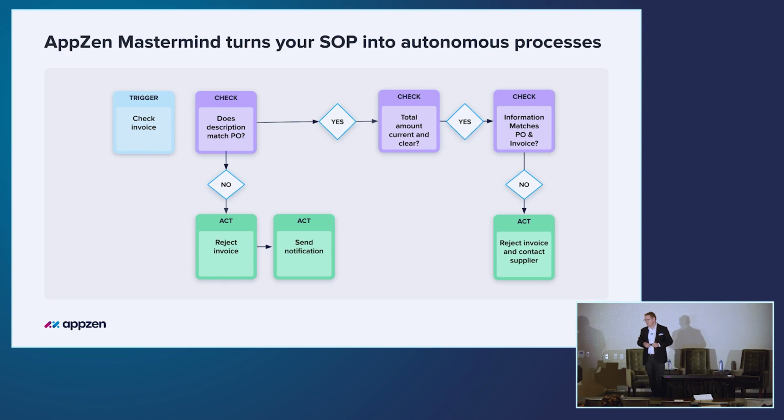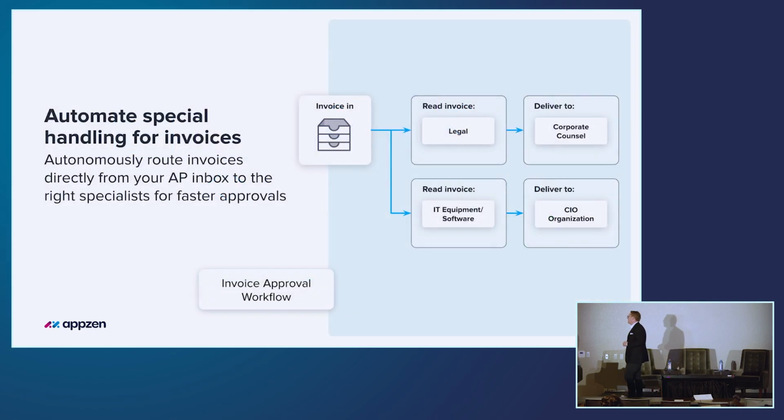But without having to go back to AppZen directly. And there are lots of different use cases, and I think one of the key things is that we're trying to look at it in terms of a platform. So when you see the AP enhancements or expense enhancements, it's really all about how we make sure that across that entire platform we give you the tools and the ability to create the rules.